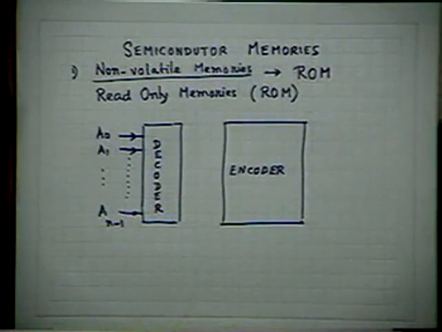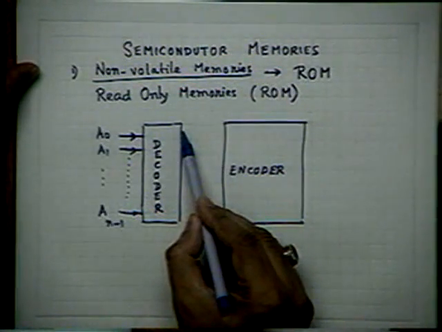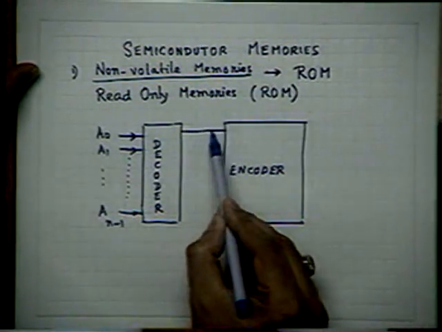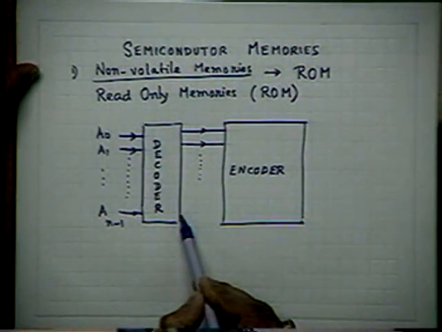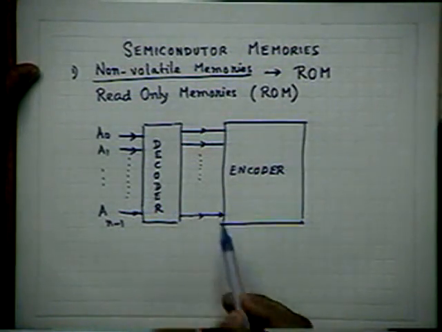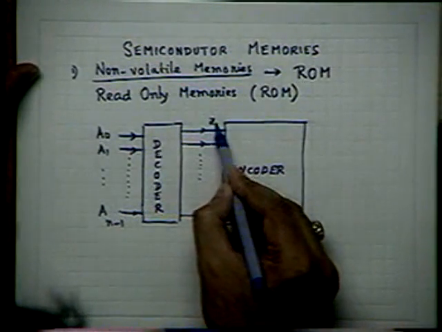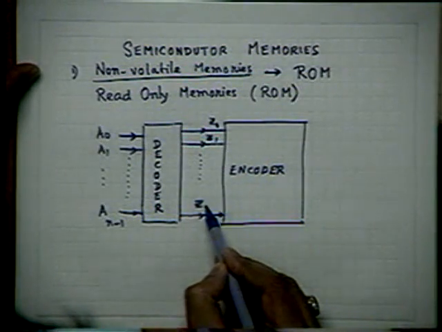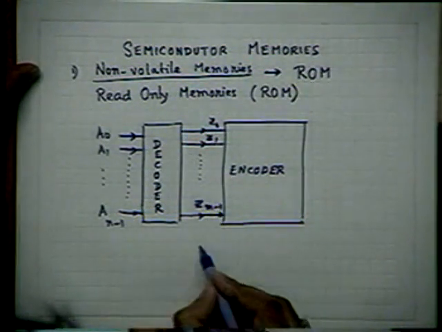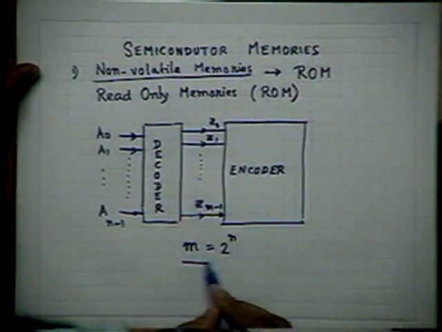It is an n-bit system, so you are applying n-bit input data, and that produces at the output of the decoder the decoded signals, which has got a number of bits. This can call say Z0, Z1, and similarly Z m minus 1, where m is equal to 2 to the power n, that is standard.